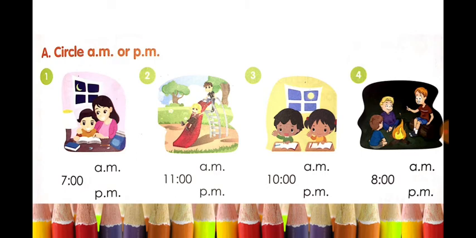Here, circle AM or PM. Here is Mommy just reading and doing the homework with Lucy. So it's 7 AM or PM? Excellent, it's 7 PM. Here are two children just playing at the playground.